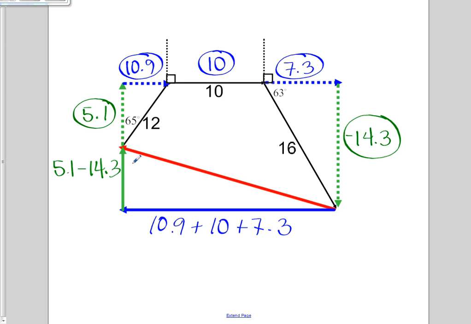So that's going to be 9.2. And then on the bottom, I've got that 10.9 plus 10 plus the 7.3 to get 28.2 down there.